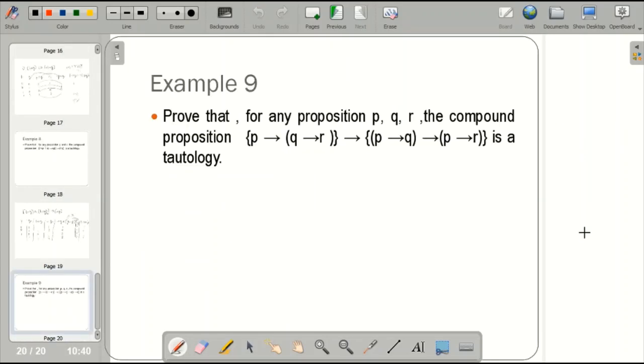Now let us solve the last problem in this section, where it involves 3 terms and it is also said to prove that it is a tautology.